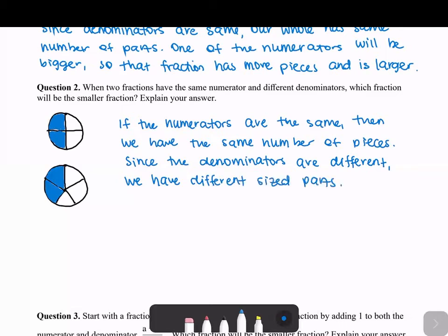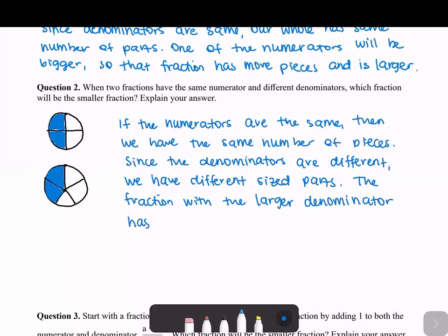So the fraction with the larger denominator, right here, the second figure on the bottom, has smaller parts, right? Because our whole is broken up into more pieces.